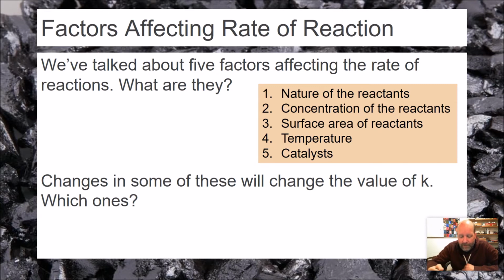Hopefully you remember from like 2 seconds ago, we just said catalysts affect it, and we said that temperature affects it. The nature of the reactants is not something you could change in a chemical reaction, but if you could, sure, hypothetically, yes, that would affect the reaction rate.